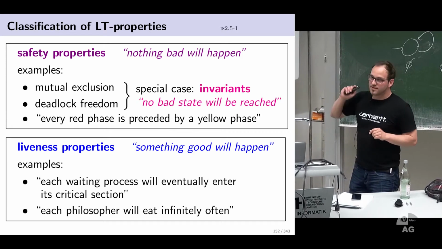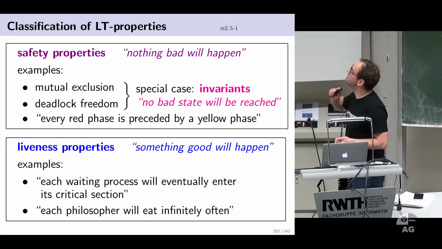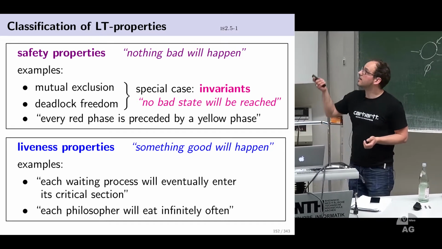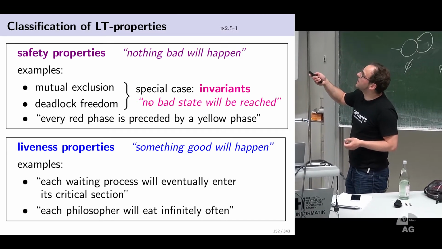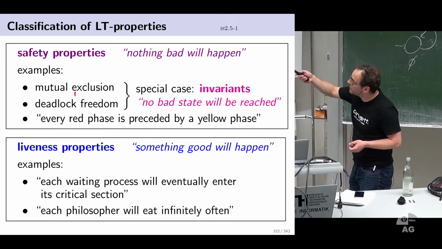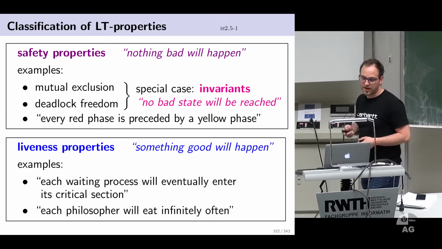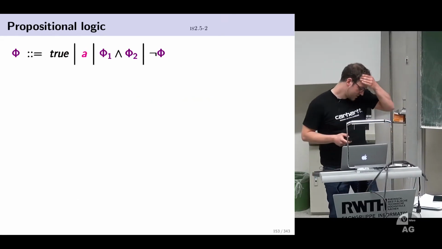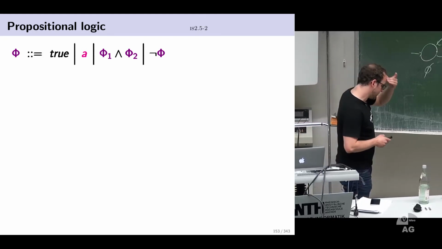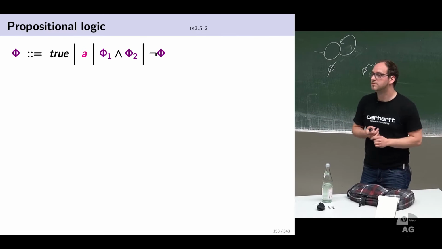So the categorization we will use is that the first two are called invariants. And it essentially boils down to no bad state, bad in the sense of violating this as a local property, will ever be reached. And this is the first subset of LT properties that we're going to look at in detail now. Invariants.